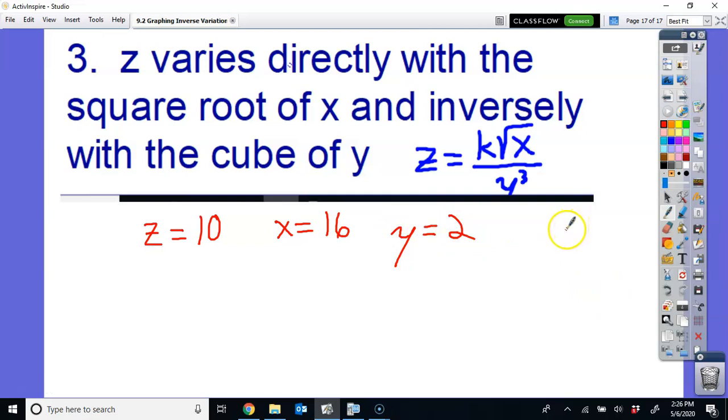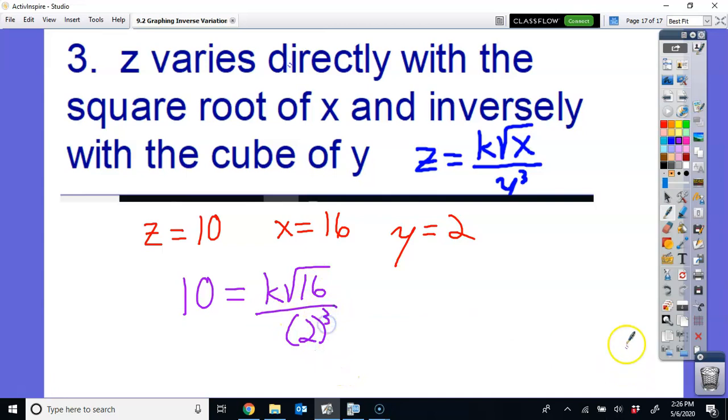Now I chose that x sort of wisely in this case, because I know that if I plug in 10 for z, 16 for x, and 2 for y, I will be able to solve this using techniques we've learned already this year.